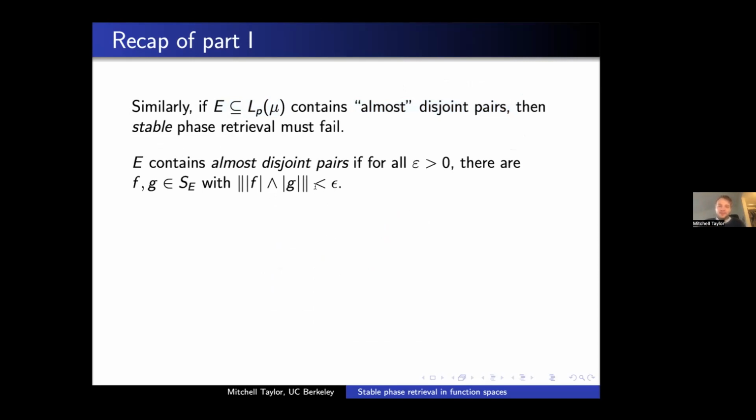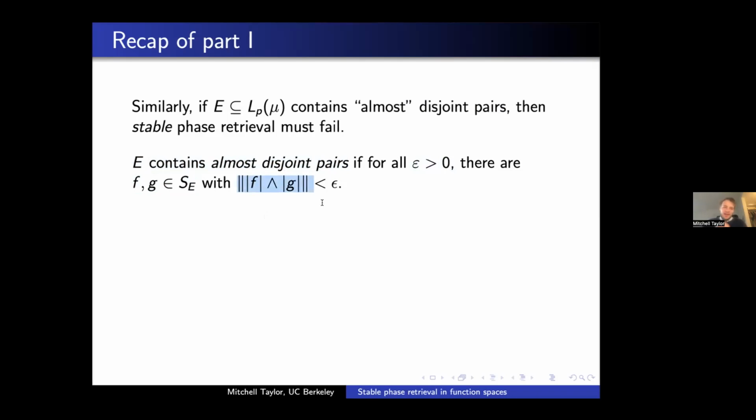Well, I'll say that a subspace E contains almost disjoint pairs if for any epsilon bigger than 0, I can pick two functions f and g in the sphere of E, where their pairwise inf is maybe not 0, which would characterize them being disjoint, but it's almost 0, so it's less than epsilon.